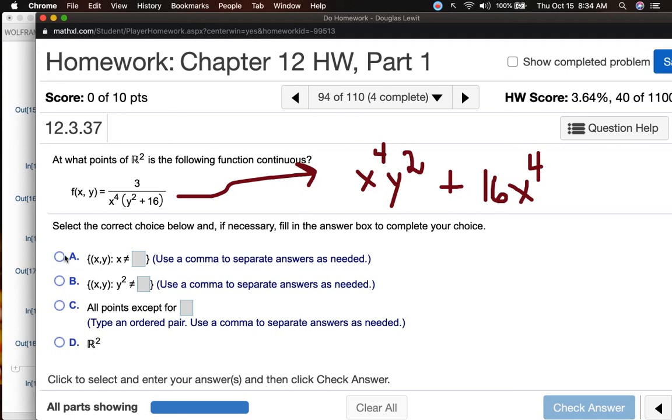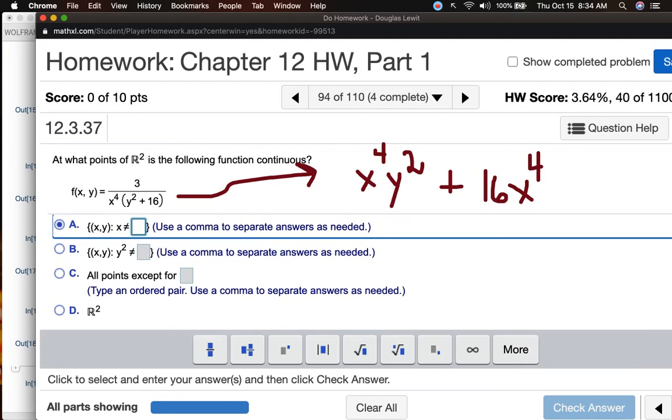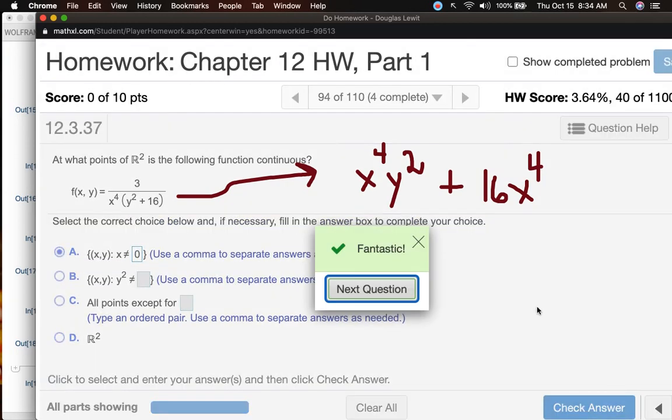So I'm going to choose A, all points x and y such that x is not equal to 0. Okay, I hope that made sense.